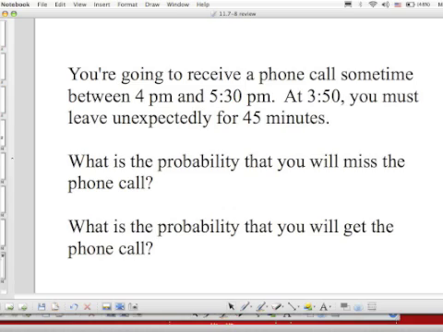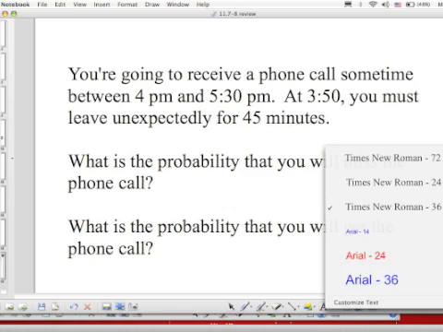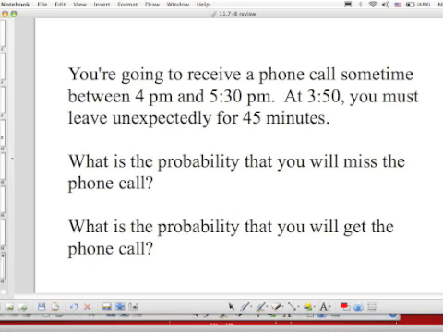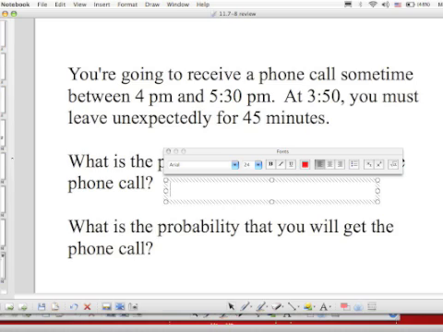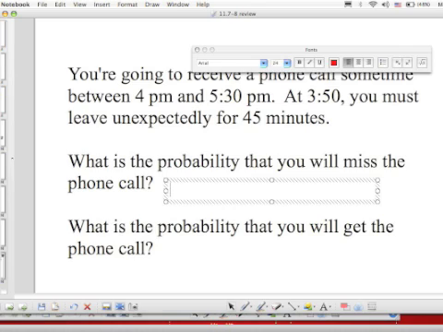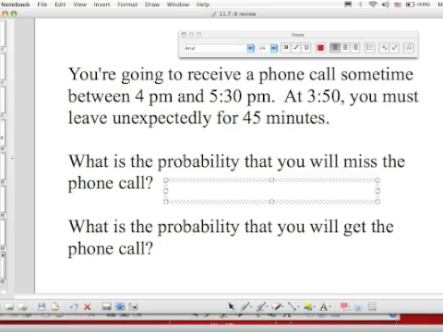Alright, if you're going to receive a phone call sometime between 4 and 5:30, and at 3:50 you have to leave for 45 minutes, what is the probability that you will miss the call? The probability that we will miss the call is equal to the total number of minutes during our allotted call time. So we're going to get the call between 4 and 5:30.